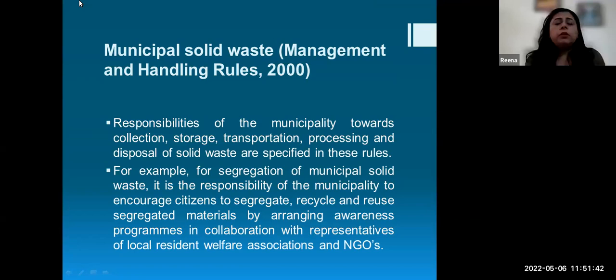Because of the manpower which is lacking in these municipalities, and the kind of population and high density we have, this cannot be ensured only if municipal level bodies are acting. So there comes the role of each and every individual of our country to ensure that we are segregating and recycling segregated materials. And also representatives of local resident welfare associations and NGOs were encouraged to be a part of collaboration for municipal solid waste management.